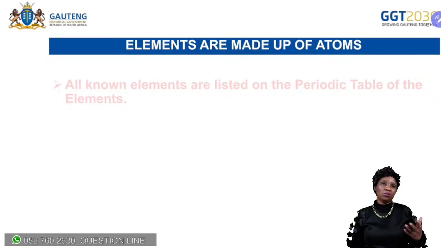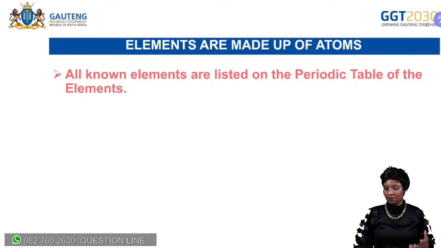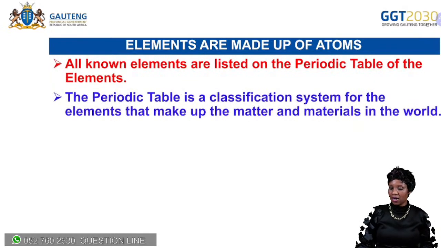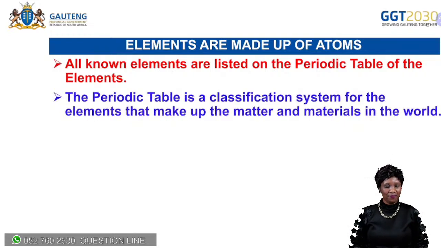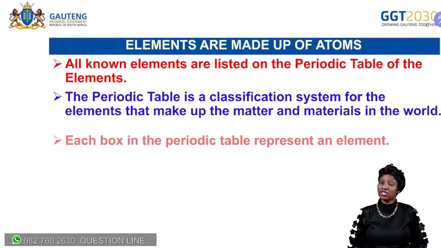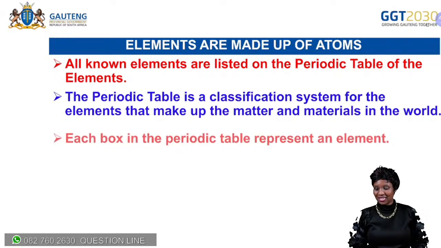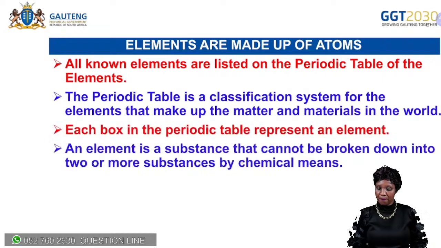All right. When we're talking about the periodic table of elements, this is a what? A classification system for the elements that make up the matter and materials around us or around the world. Each box in the periodic table of elements represents a what? An element. An element is a substance that cannot be broken down into two or more substances by what? By chemical means. Do you understand that?